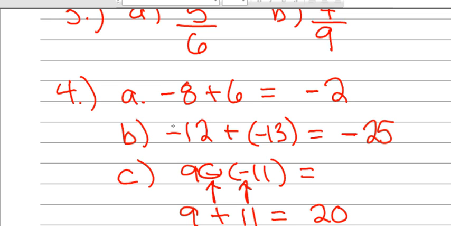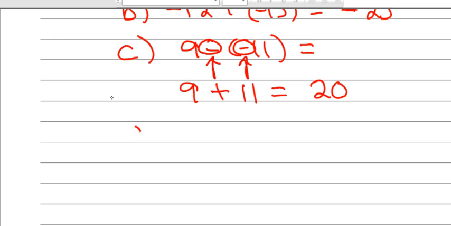So whenever you have this double negative, you change to positive. So that's just 9 plus 11, which is 20.